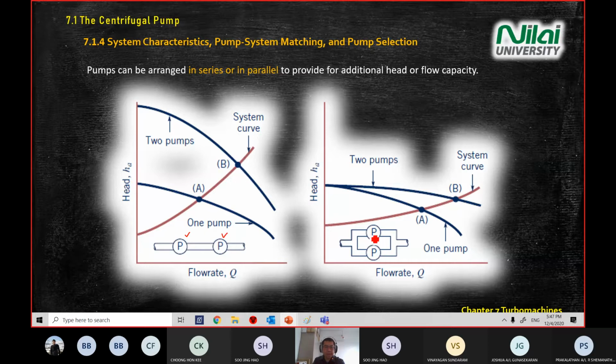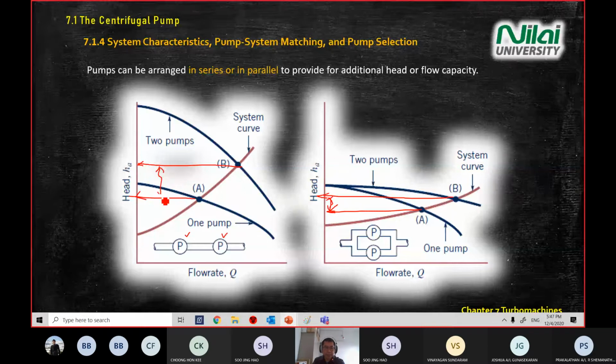Series and parallel. The increase of your head, if you use a parallel, will be more than this setting, because if you compare the differences of HA between point A and point B, they will be different.